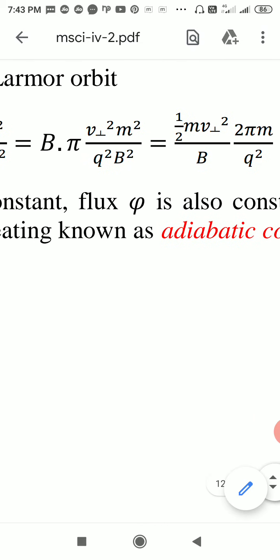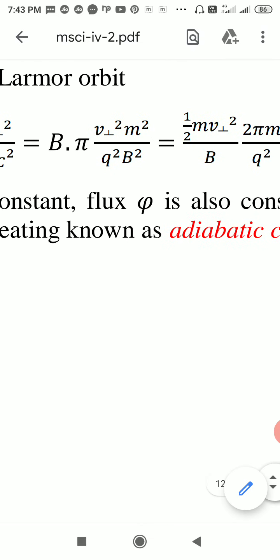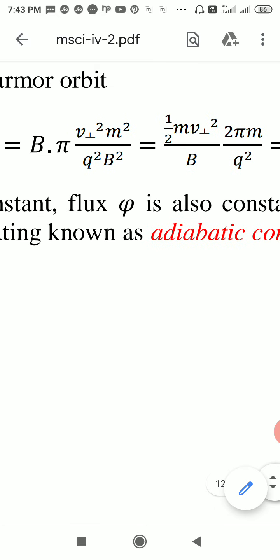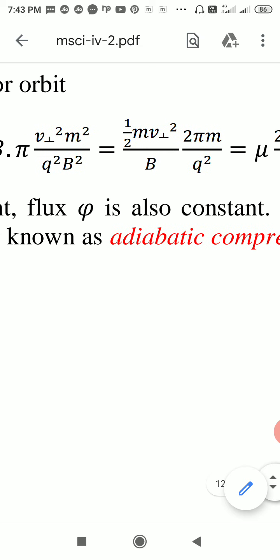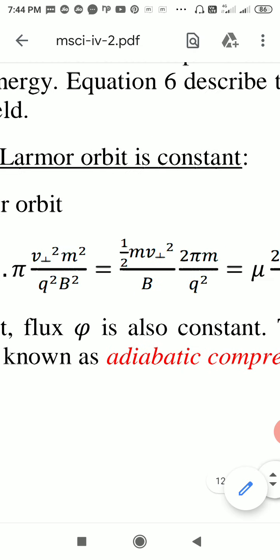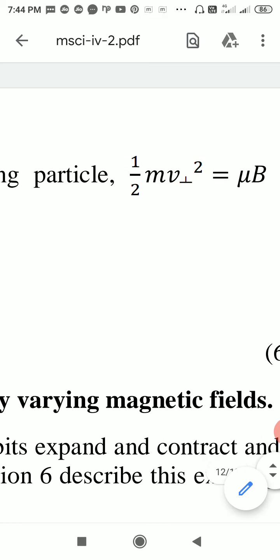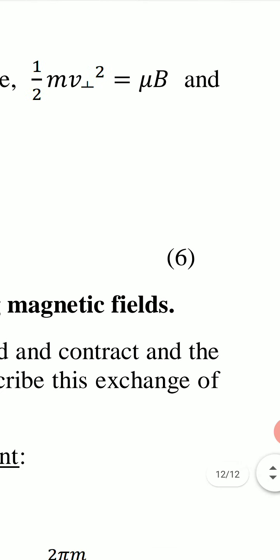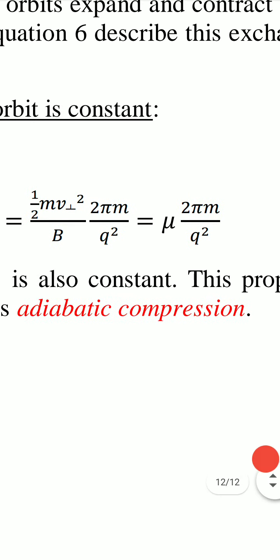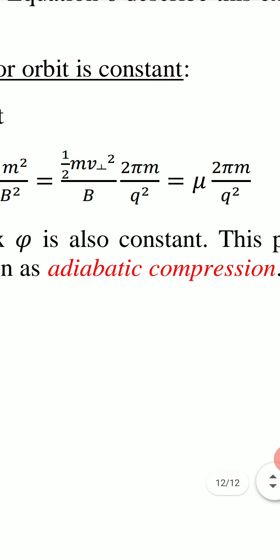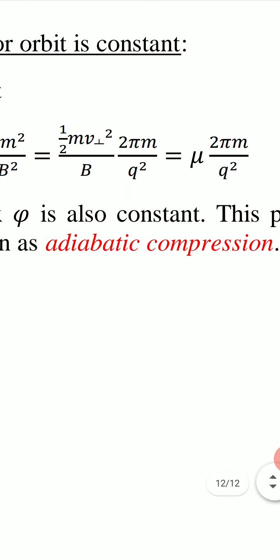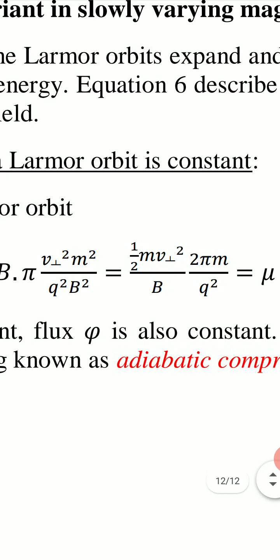Now this becomes equal to half m v perpendicular square upon b into 2 pi m upon q square. And half m v perpendicular square is equal to mu b from this relation. So if we put half m v perpendicular square equal to mu b, then this term will become equal to mu into 2 pi m upon q square. And mu, the magnetic moment, is constant here.